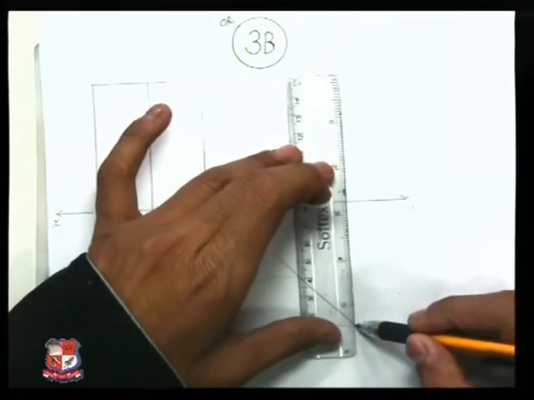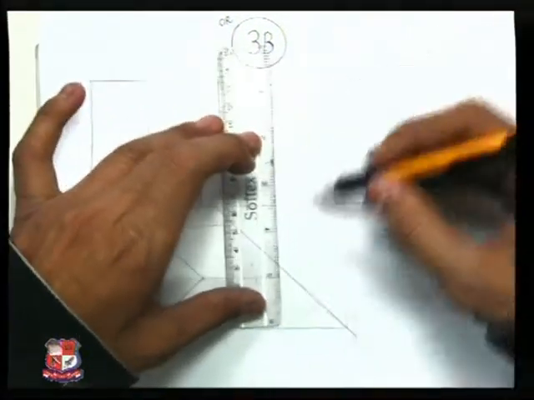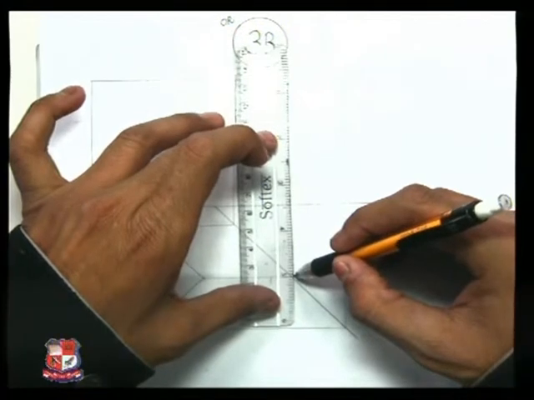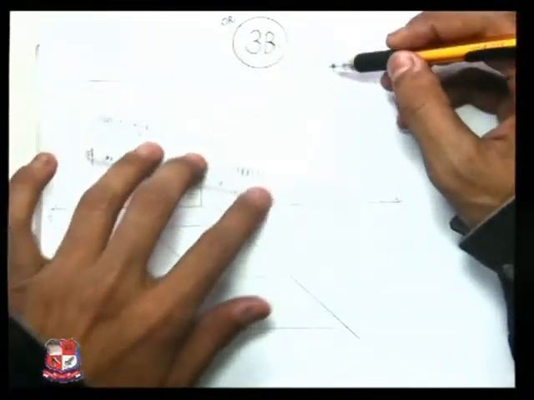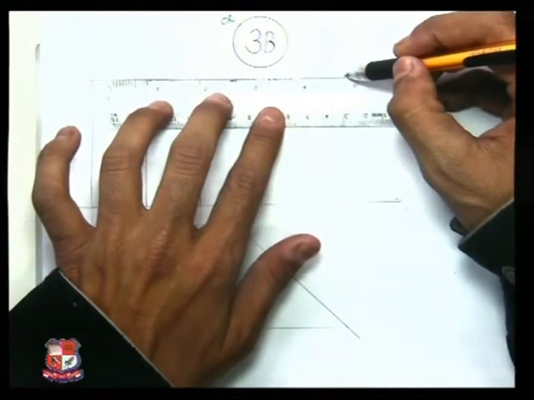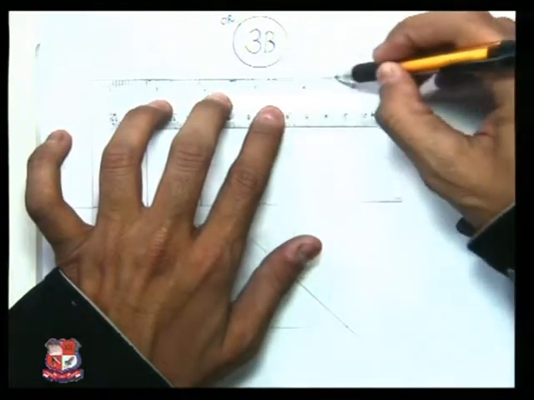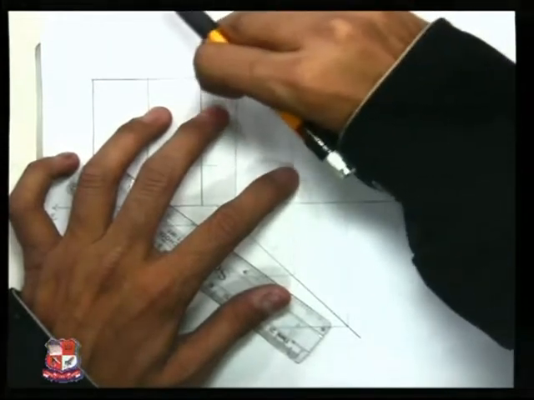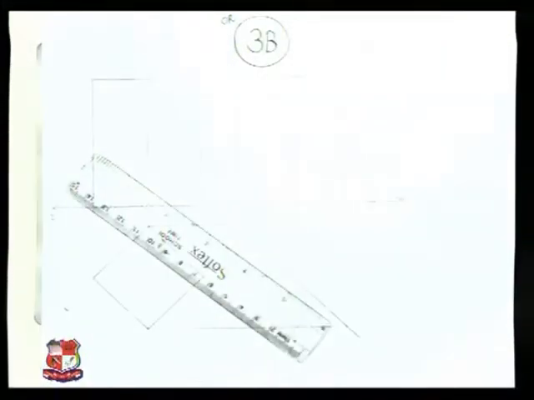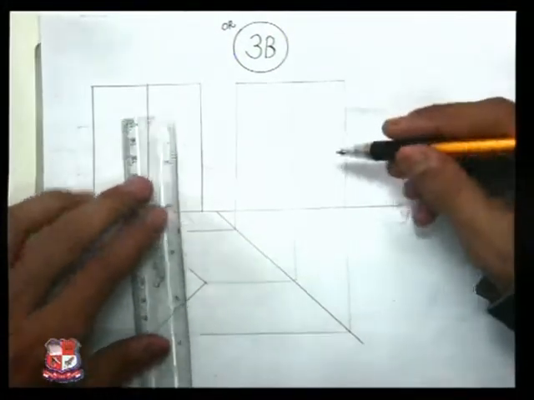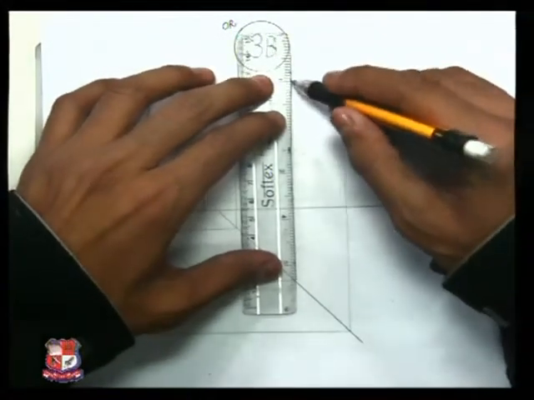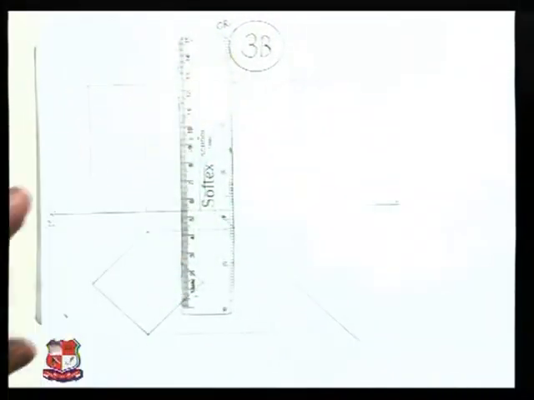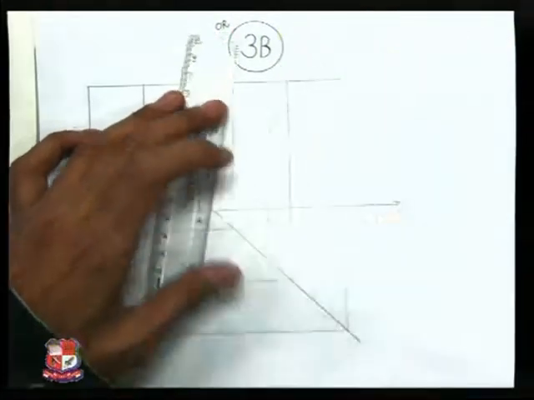From this point draw a vertical line, and from this point also draw a vertical line, and here extend this line, because height in front view would be similar to height in side view. So this is the side view of the given prism, and here you can draw its axis as well.